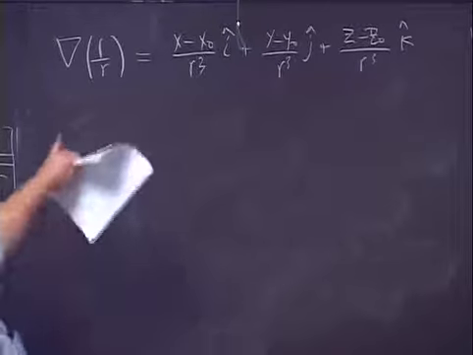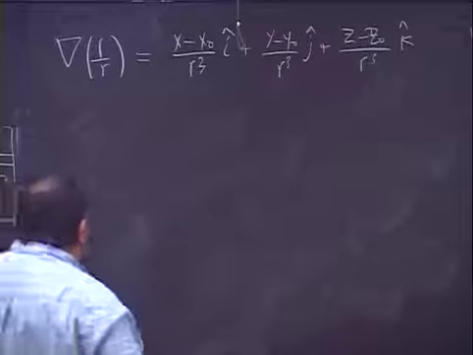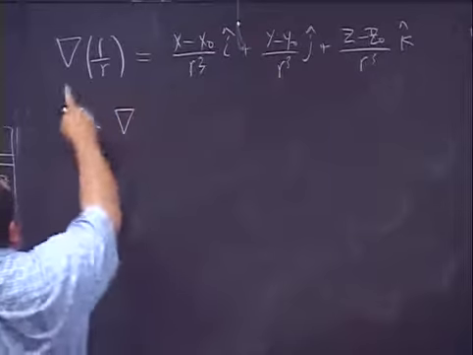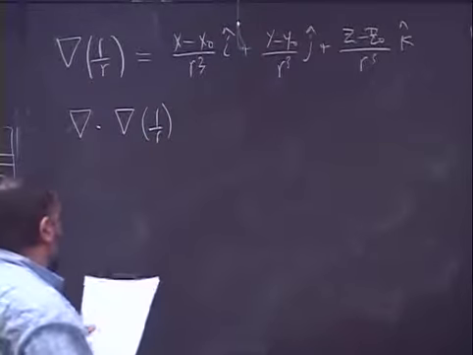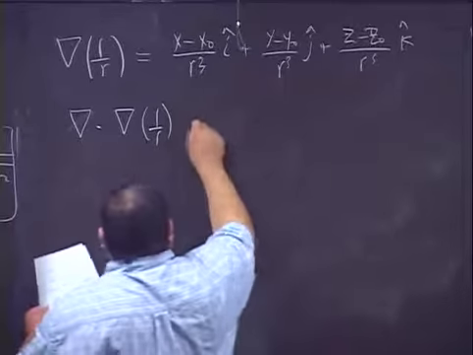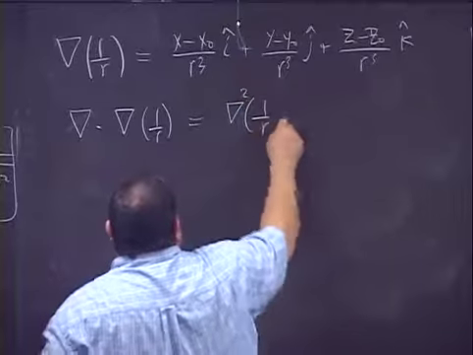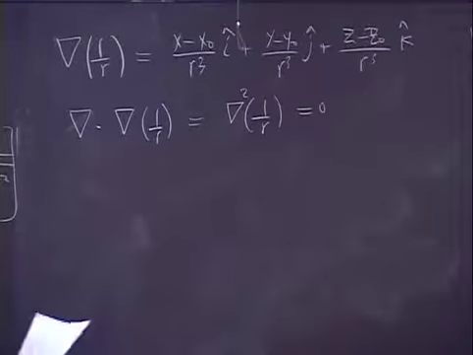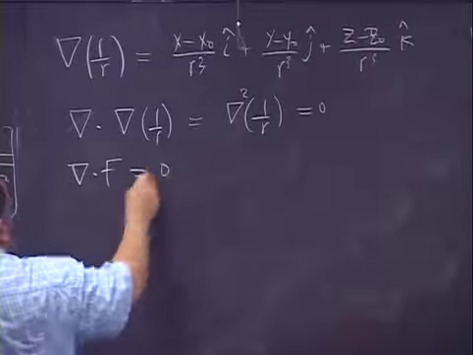So we are now taking the gradient of a scalar field. If you take the divergence of this gradient of this field, you will notice that this would be equal to the Laplacian of 1 over r, and this will give you 0. So divergence of f equals 0.